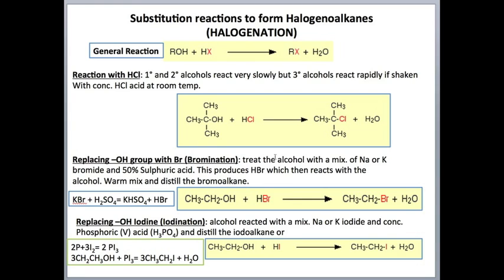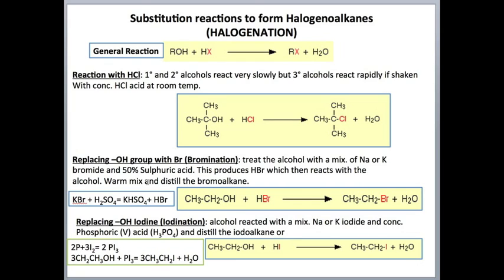First of all, you treat the alcohol with a mix of either sodium or potassium bromide, and with 50% sulfuric acid. So in this case, we have potassium bromide reacting with sulfuric acid to give us hydrogen bromide, which we then can use to react with the alcohol.